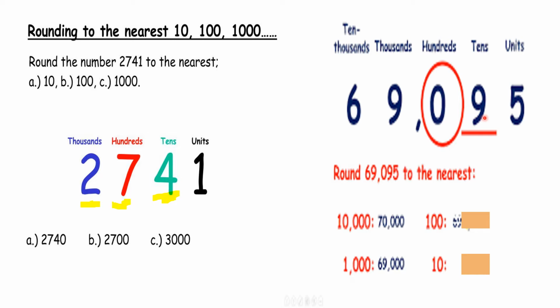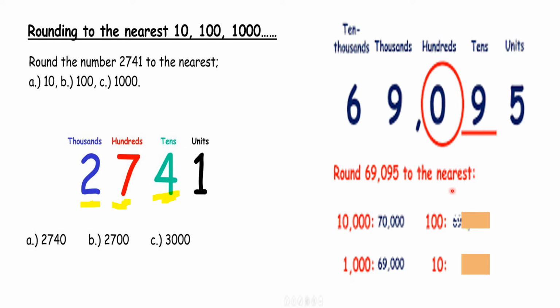I'm going to look at the digit to the right. If it's between 0 and 4, no change. But if it's between 5 and 9, which it is, it's 9, so plus 1 to 0. 0 plus 1 is 1, right? So 69,100. The 0 becomes 1, right?